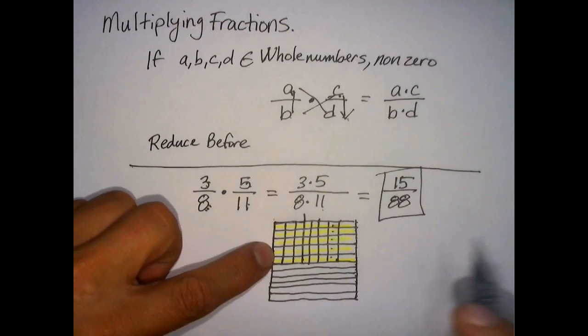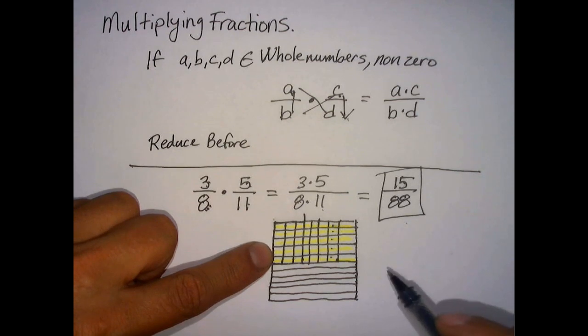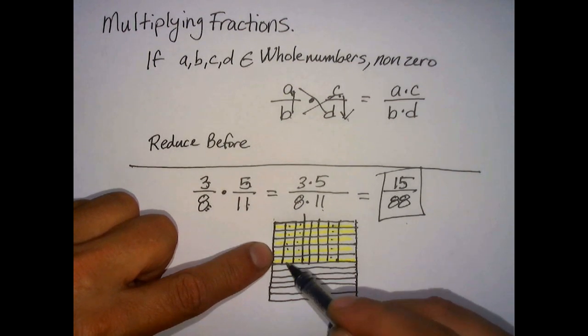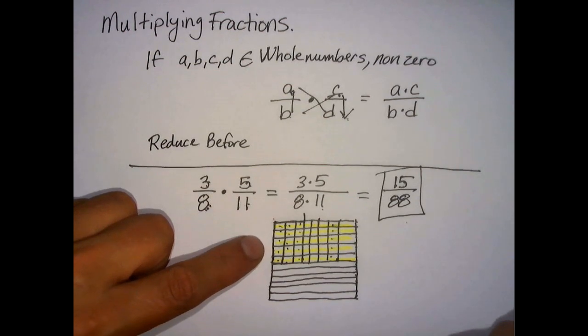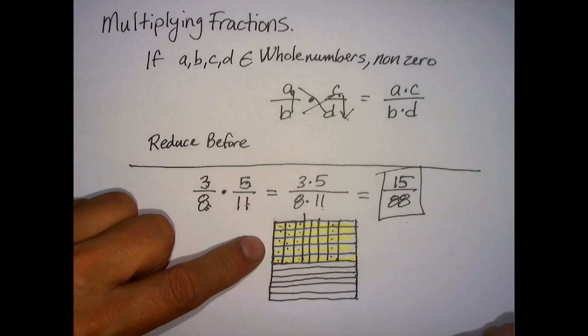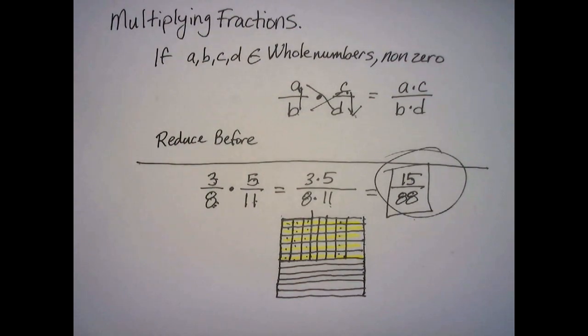In comparison to the whole, this fraction would be 15 over 88. And look, 1, 2, 3, 4, 5, 6, 7, 8, 9, 10, 11, 12, 13, 14, 15. Out of a total of 88 squares. Pretty neat, huh? That's where this comes from. I'm so glad that came out. Sometimes it doesn't come out because you do it wrong. But okay.